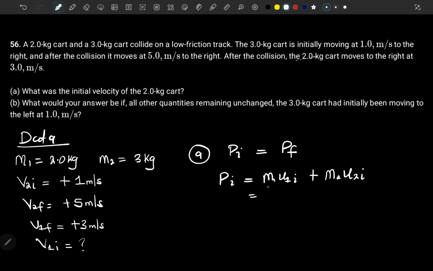So this one is 2 times u1I, because we don't know it, plus m2 is 3, times u2I, which is 1. This will give us 2u1I plus 3. So this is our equation number 1.